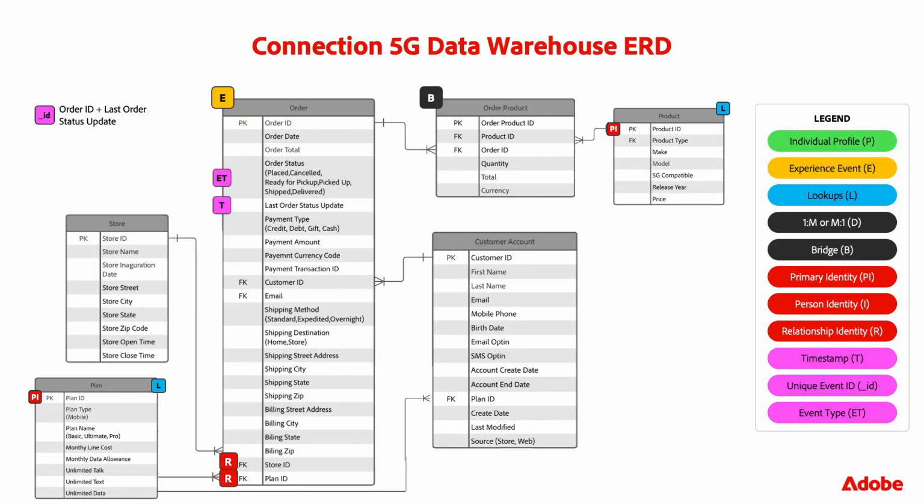And once in a while, if the customer is in a logged in state, they will also capture the customer ID. So if we wanted to record orders into the real-time customer profile and never drop the record, we have to label the email as the primary identity of the order table. And therefore, customer ID could be labeled as an I as an alternative person identifier.